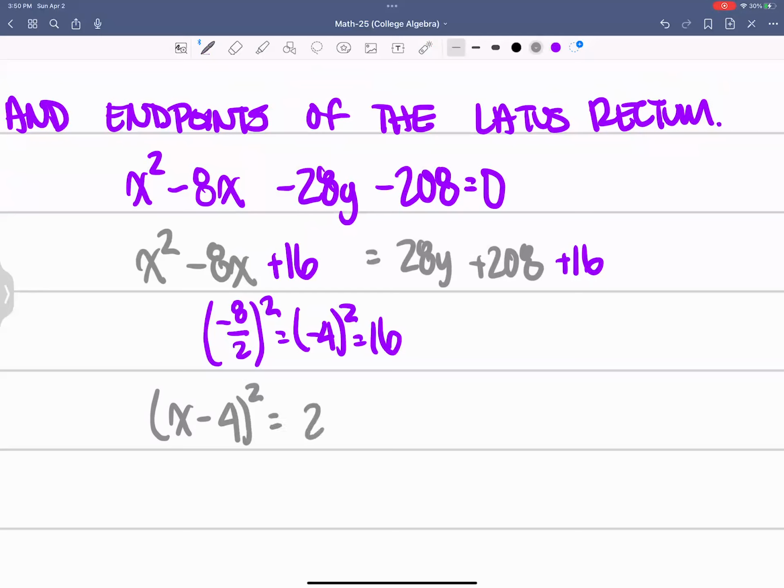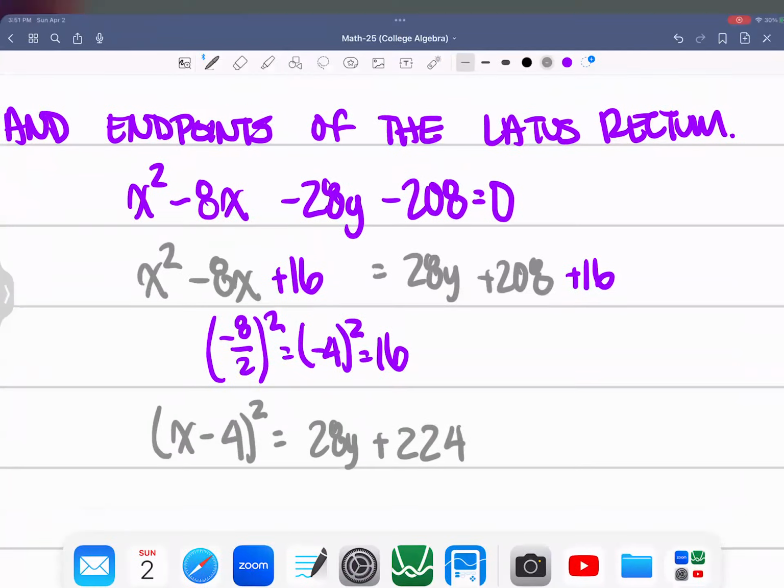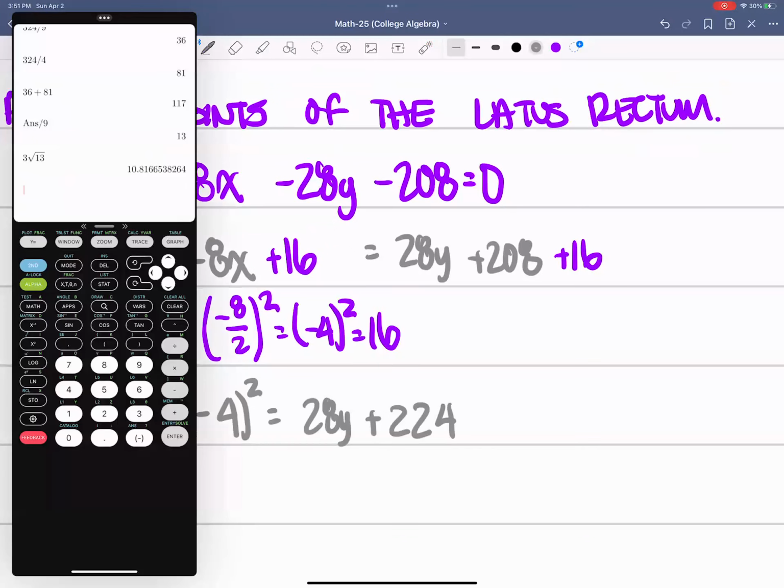Over here we have 28y plus 224 on the right side. Let's do this: 208 plus 16, 224.